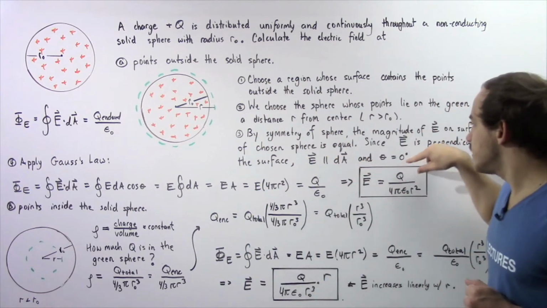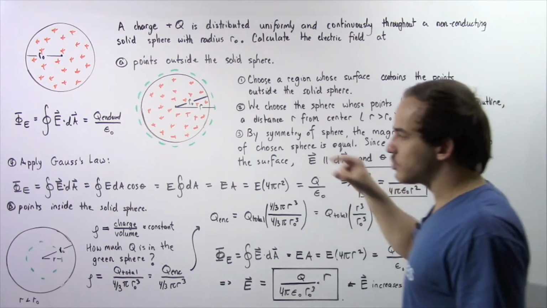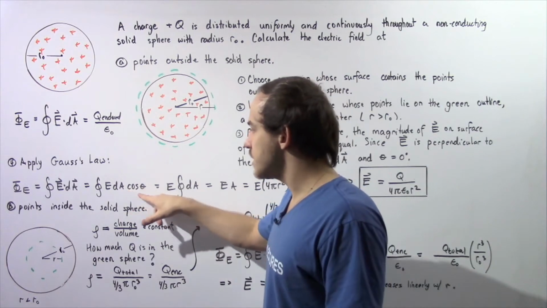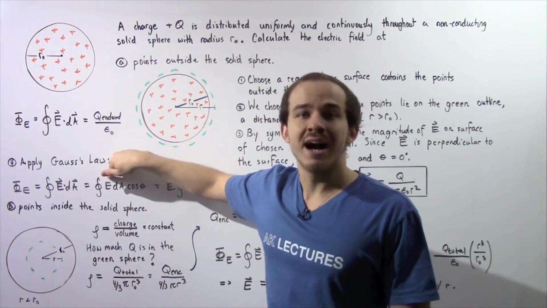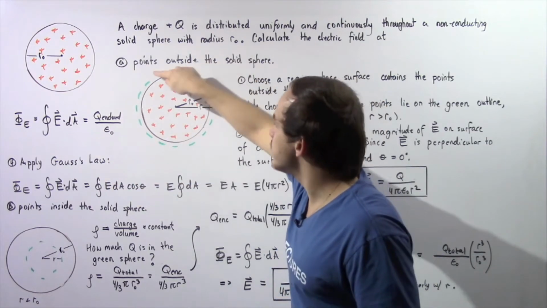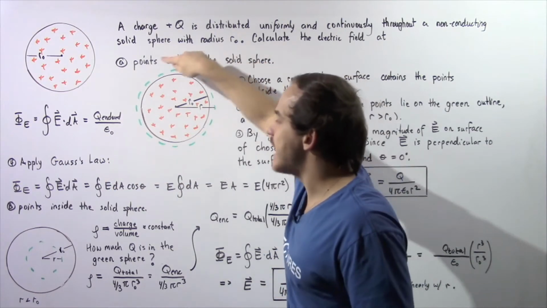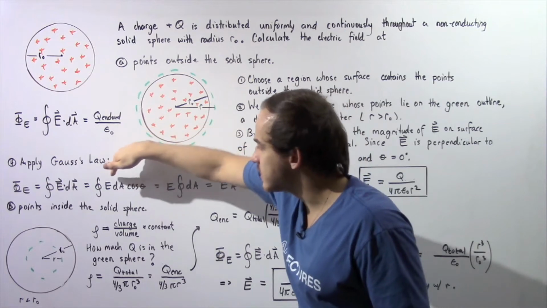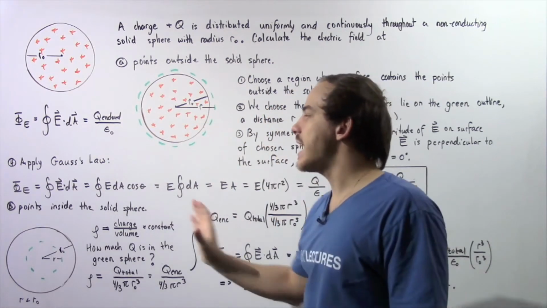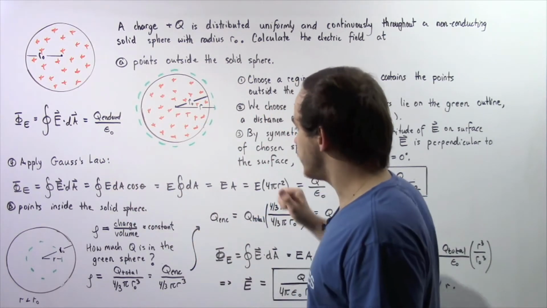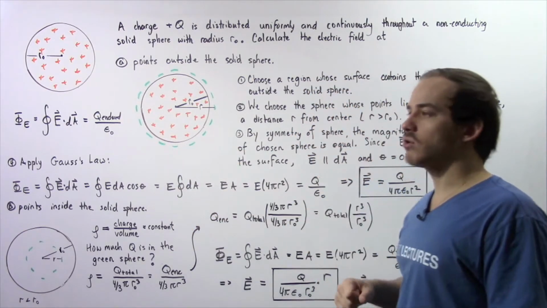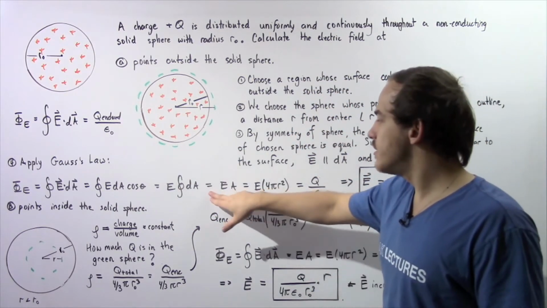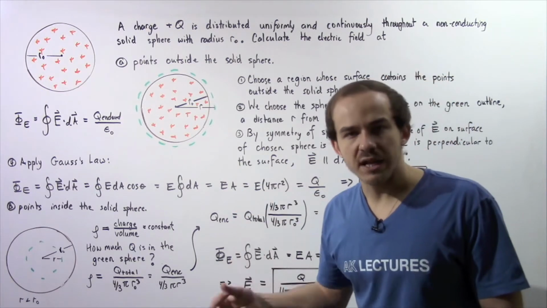Now, the angle between them is 0, and cosine of 0 is 1, so this becomes 1. And notice our electric field E is a constant at all points around the green outline. So that means this is a constant, and we can bring that outside of our integral.